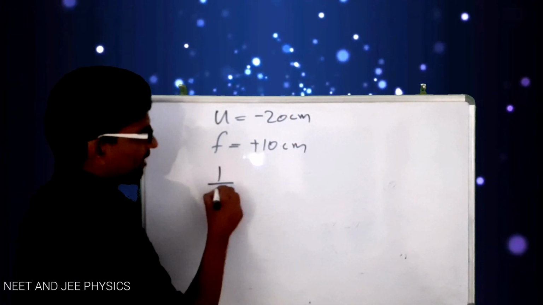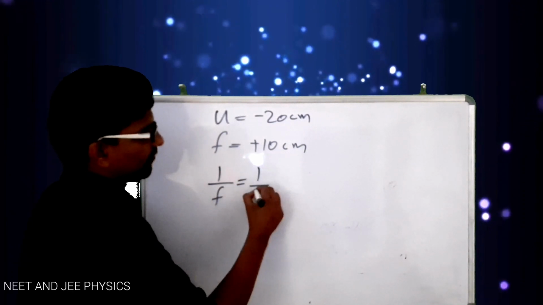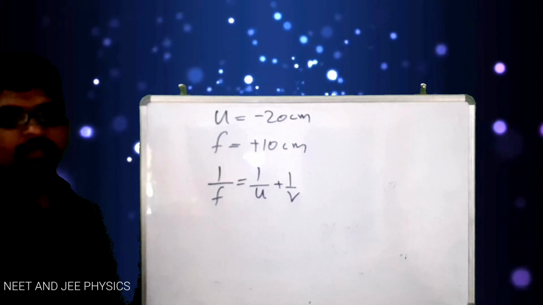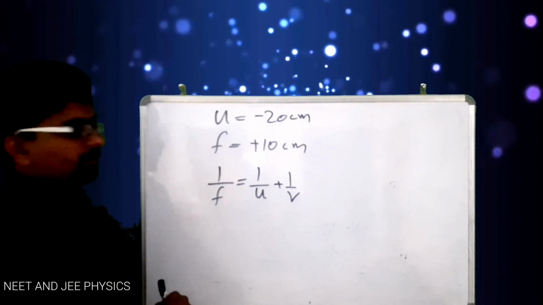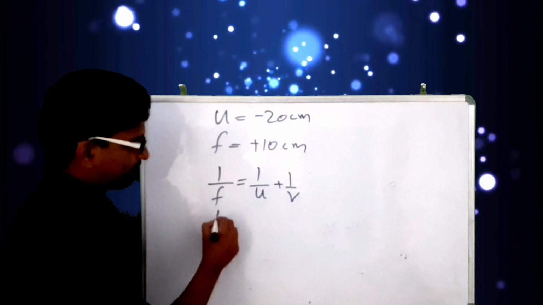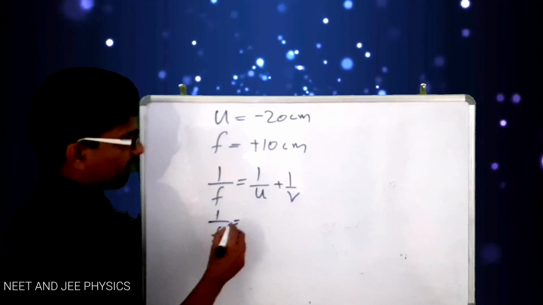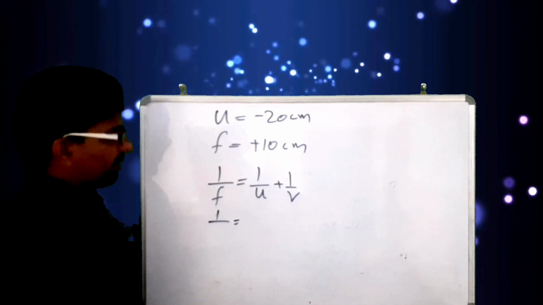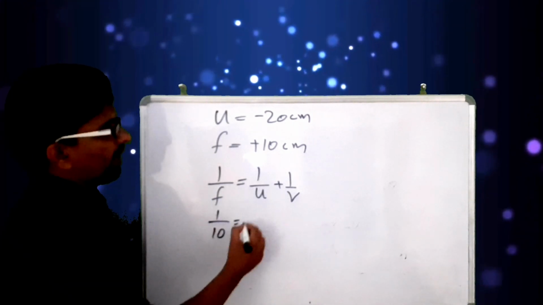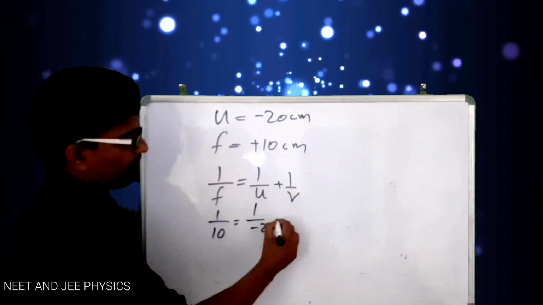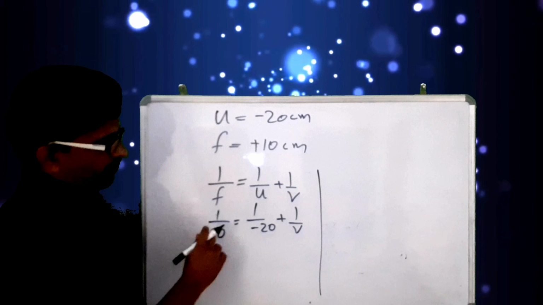So we have this equation, 1 by f equal to 1 by u plus 1 by v. By substituting, easily we will get the image distance. F is given, 1 by 10 equals 1 by u, u is given as minus 20, plus 1 by v.